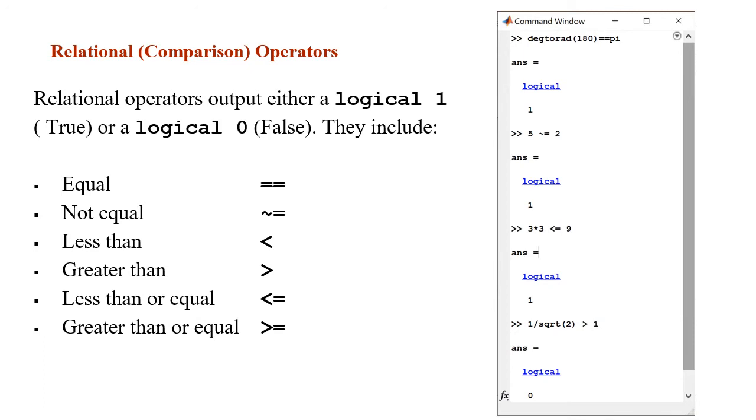Next, we're checking if 5 is not equal to 2, and of course the answer is true, so MATLAB will output a logical 1. Next, we're checking whether 3 times 3 is less than or equal to 9. It is equal to 9, so MATLAB will output a logical 1. And finally, we're checking whether 1 over square root of 2 is greater than 1. The answer is false, so MATLAB will output a logical 0.